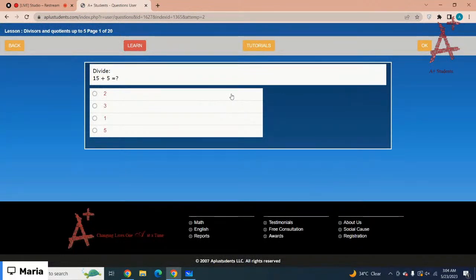So start counting the table of 5 until 15. 5 times 3 is 15. That means 15 divided by 5 equals 3. The correct option is 3 because 5 times 3 is 15.